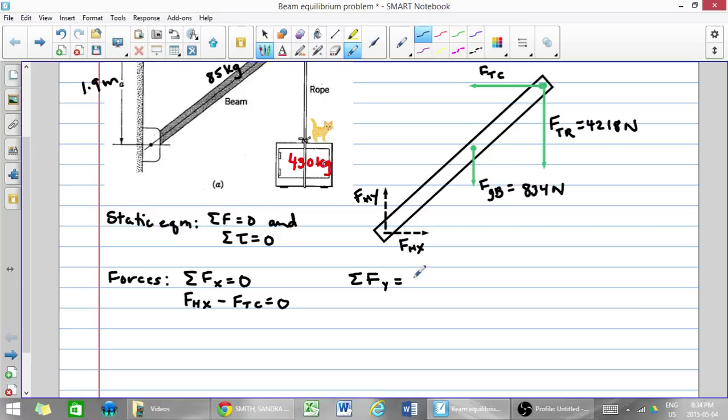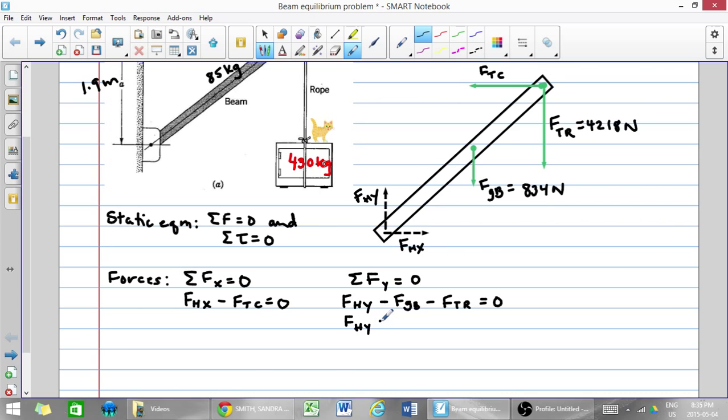Now the y forces also have to be 0. So upward, you've got the y component of the hinge force. Downwards, you've got the force of gravity from the beam and the force of tension in the rope. And this we can solve.